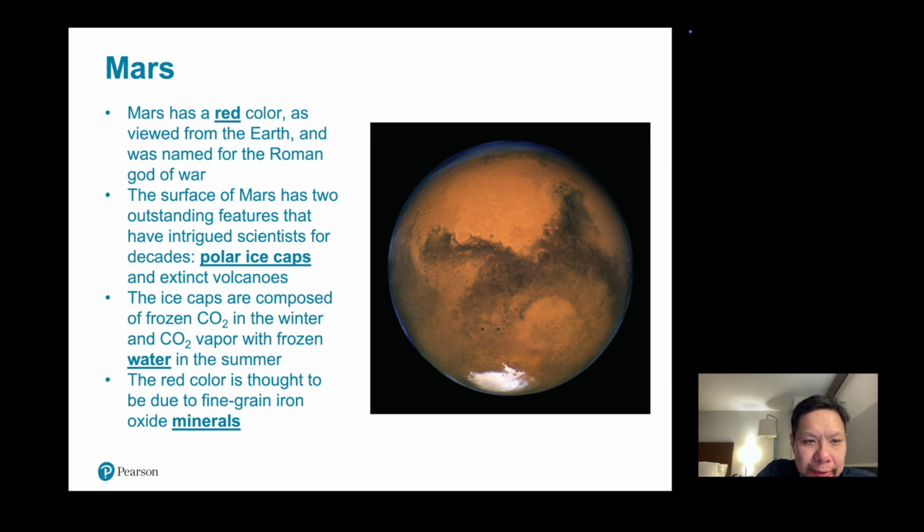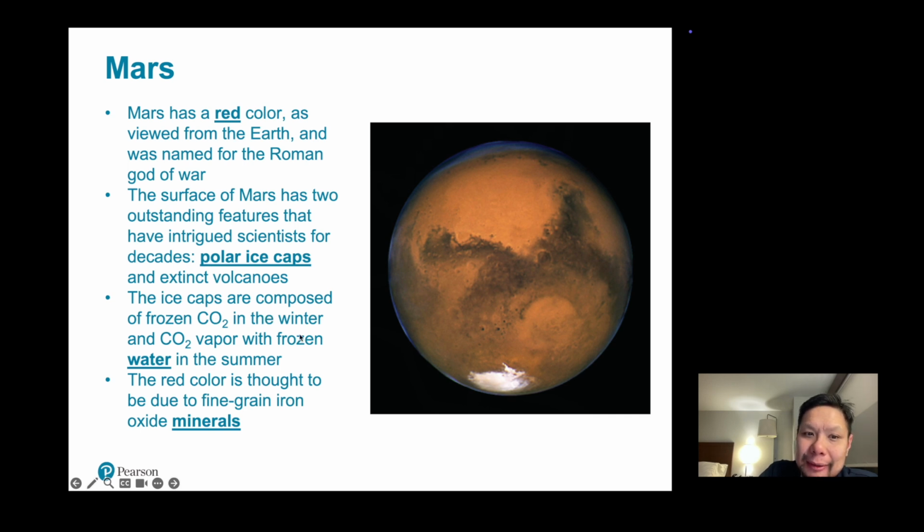So we've already talked about Earth, so let's talk about Mars now. The first thing to notice about Mars is that it's a red color, right? And the reason why it's red is because it's covered with iron oxide, which is rust. Named after the Roman god of war. I think the two things that are really interesting about it is that it has two polar ice caps that are frozen, right? So during the Martian winter, it's so cold that the ice caps are composed of frozen CO2.